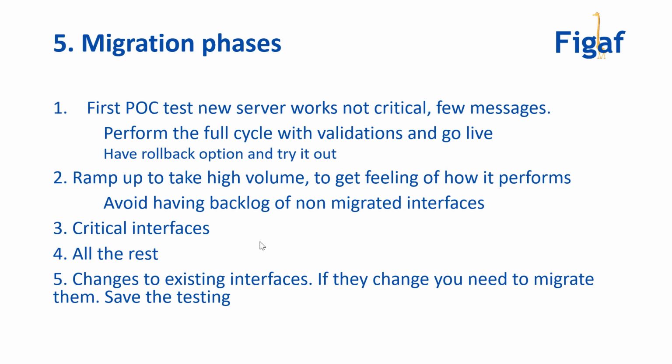And then we can take some of the higher volume interfaces, or some of the places where it makes most sense to do migration. If you have some developer with specialties in some areas, obviously they would probably be better off doing the migration of those things.